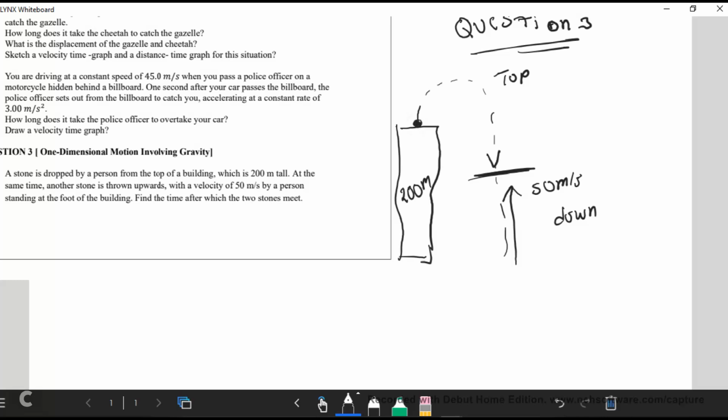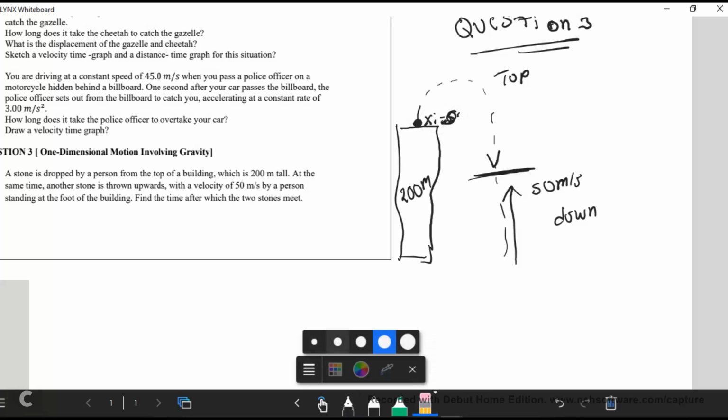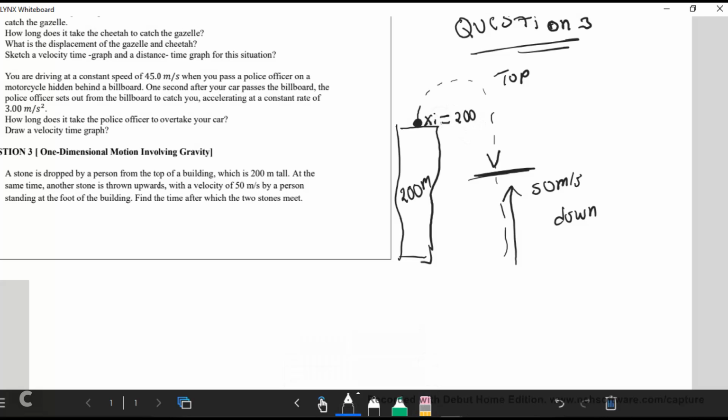If this is the point where the stone was thrown, that's your initial displacement. So what's your initial displacement in this situation? It will be 200. That's your initial displacement.